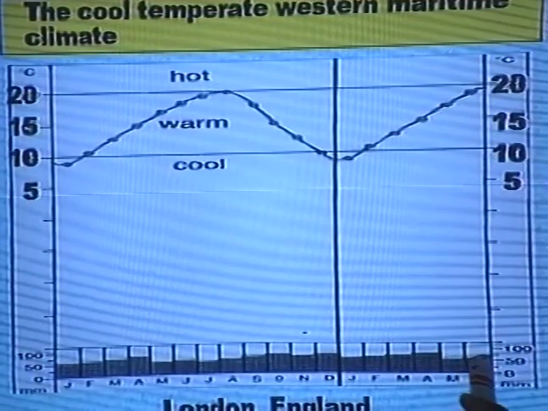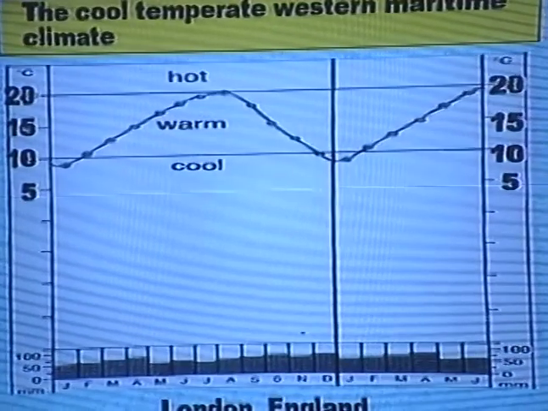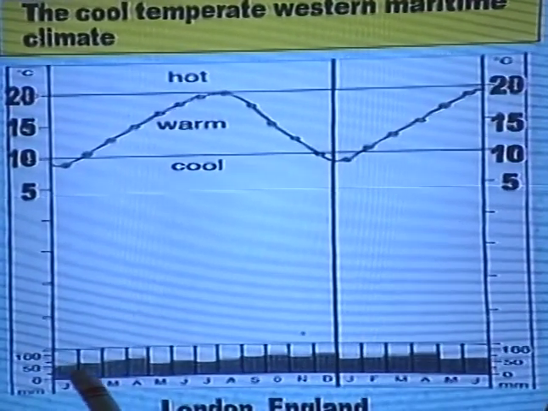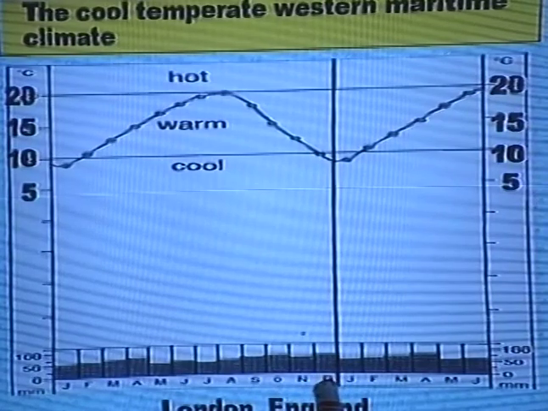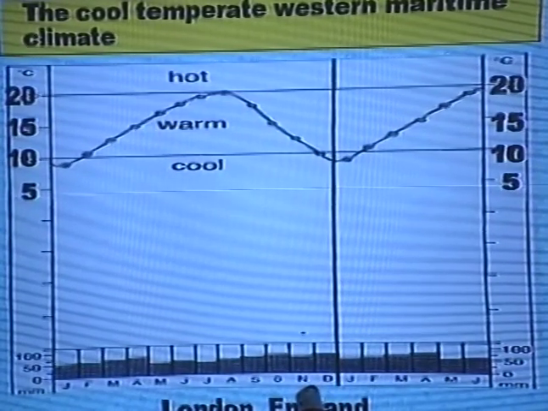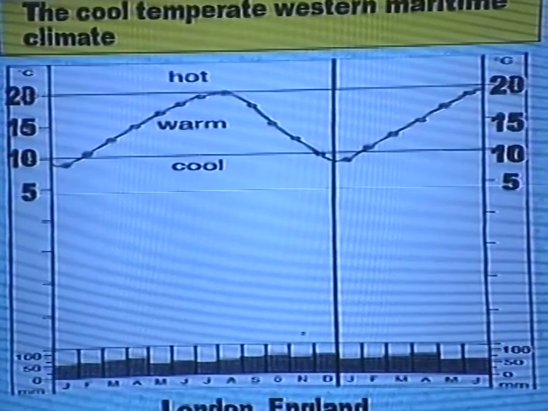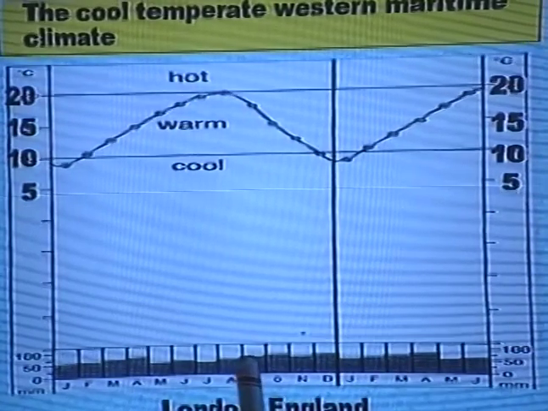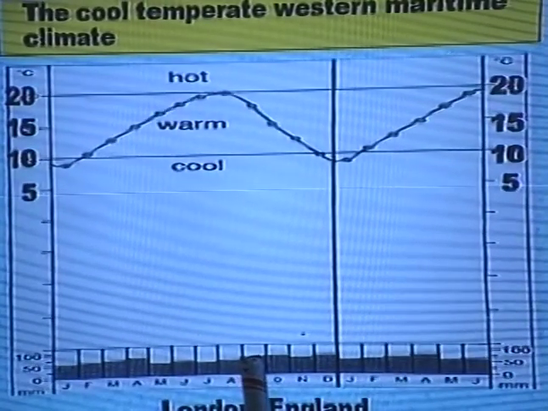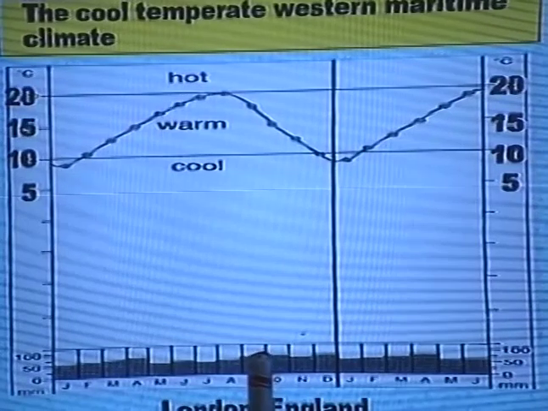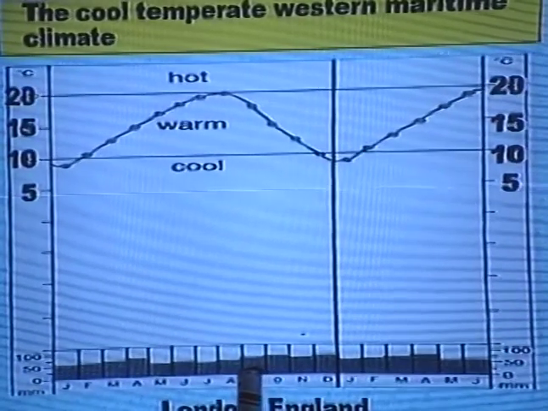Look at the climograph of the selected area now, London in England. You can see the moderate rainfall right throughout the year. The onshore westerly winds bring rain in most of the seasons or right throughout the year. Rainfall is not as high as in the tropical areas.